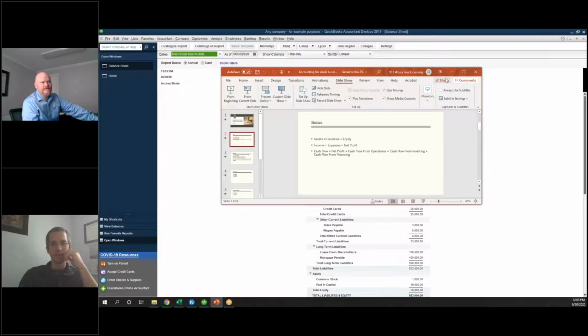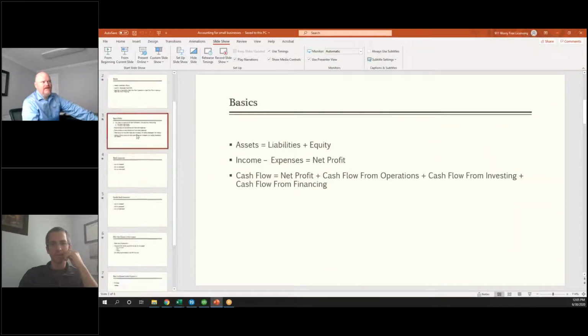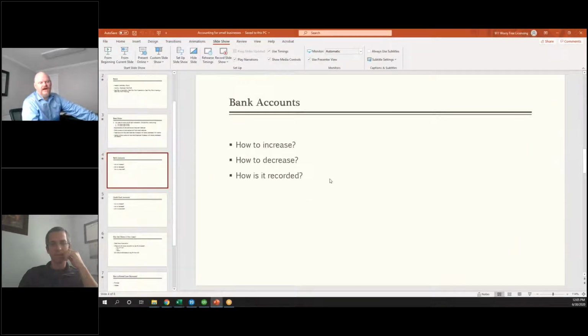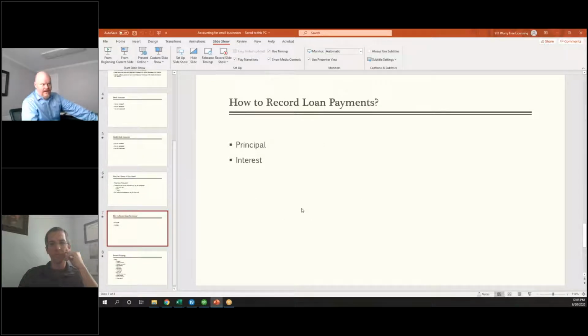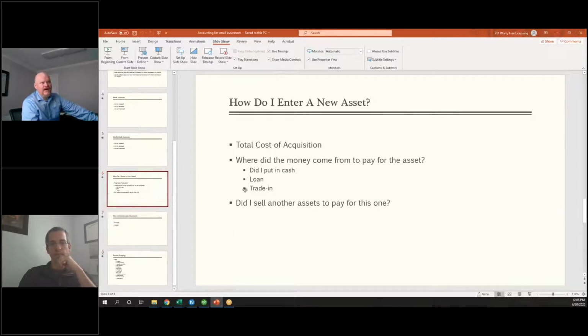So the things that I hear most often for basics are: help me understand what happens in my bank. Help me understand what happens on my credit card. Help me understand how to record a loan payment. How do I enter an asset?